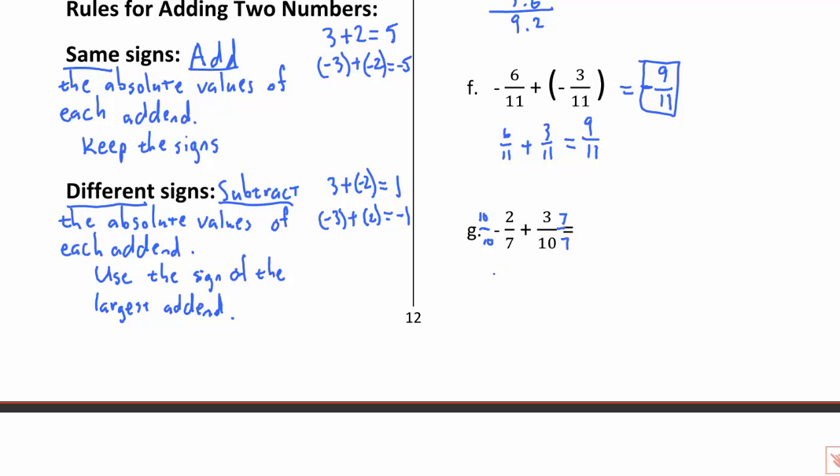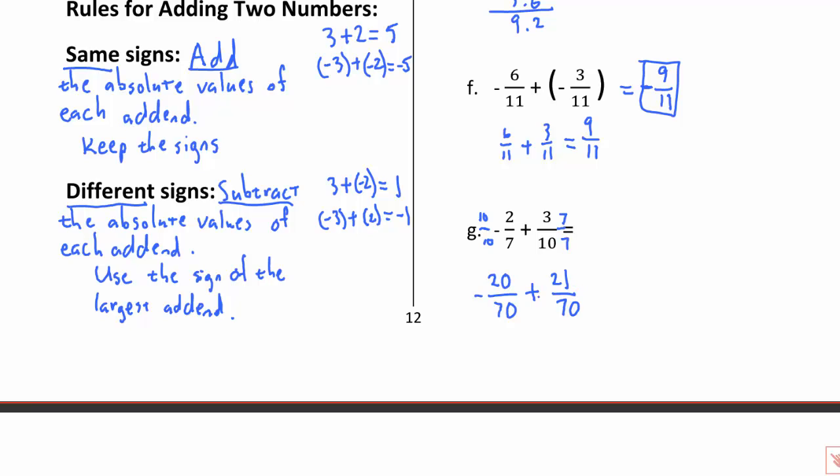So 10 times 2 is 20, and 7 times 10 is 70. 3 times 7 is 21. 10 times 7 is 70. So because of this, we have negative 20 over 70 plus 21 over 70.